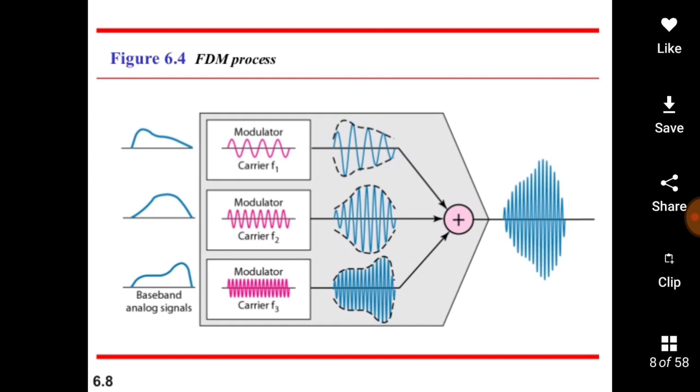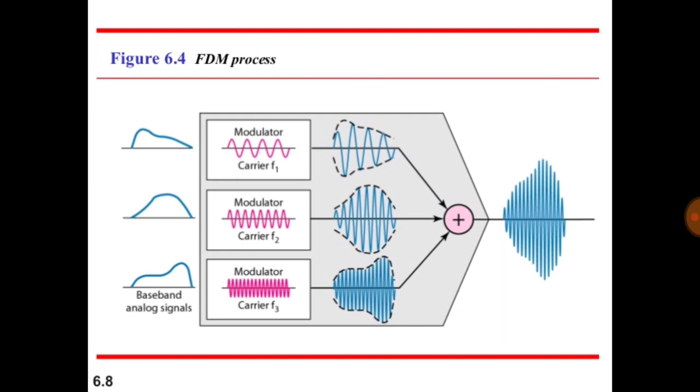The combination of the baseband analog signal plus the carrier signal is a modulated signal. Then the second baseband analog signal is combined with the carrier F2 signal. The same thing happens with the third carrier frequency signal also.